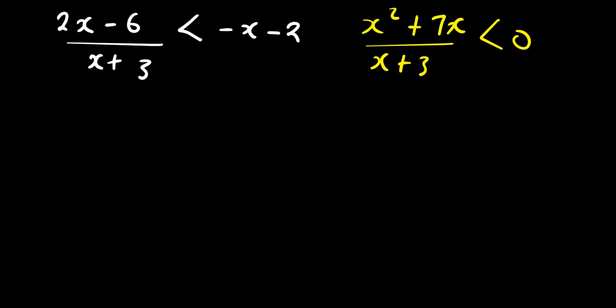Okay, so what are we going to have? We're going to equate all our equations to be equal to 0. So when we equate our equations to 0, the first one is x squared plus 7x.